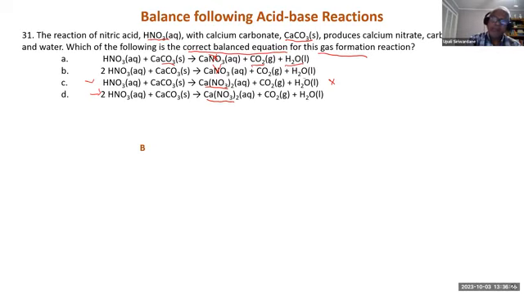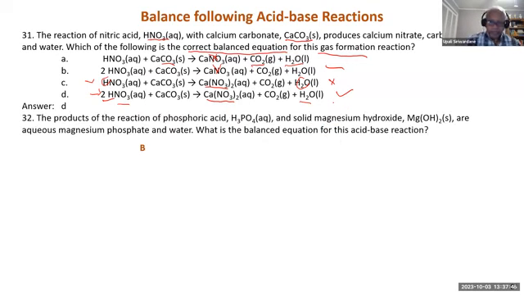There are 2 hydrogens here, only 1 hydrogen here. This reaction is balanced: 2 nitrates here, 2 nitrates, 1 calcium here. This is the balanced equation for the gas formation reaction. Gas formation reactions, like precipitation reactions, drive the reaction to the product side. So that reaction is balanced. D is the correct answer.